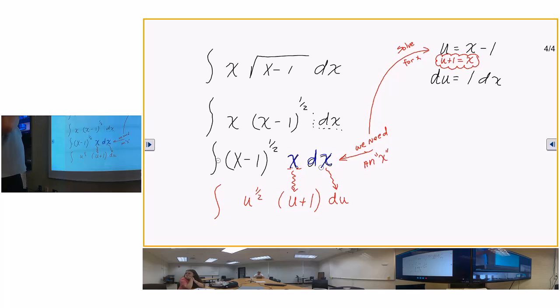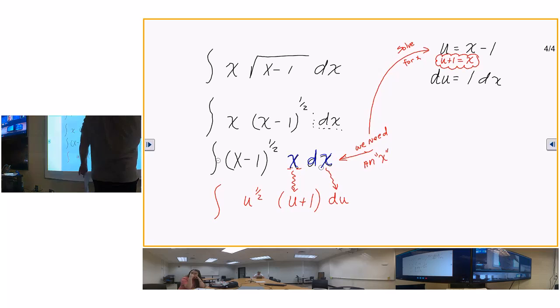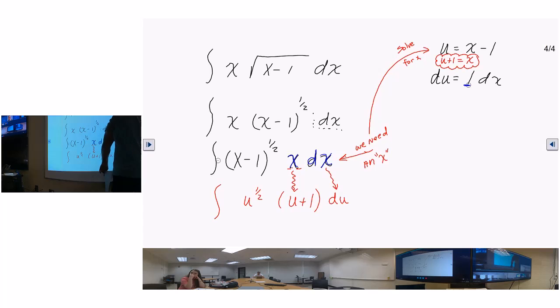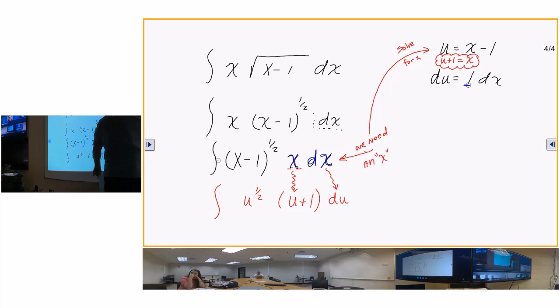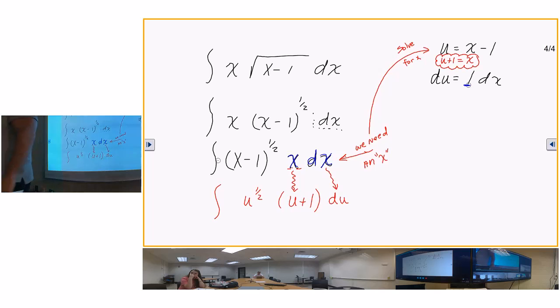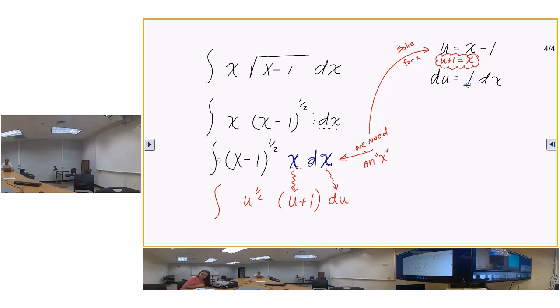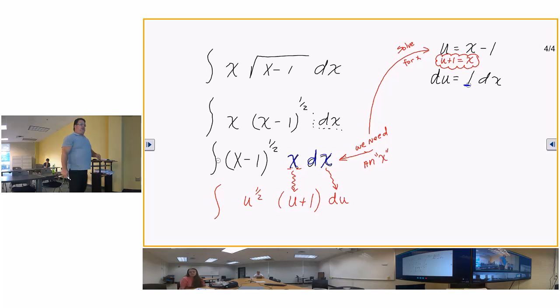So what do you do? Well, that's when, if you have an x here and you have a constant here, you're going to have to use plan B. And that's when you have to solve for x. So when you distribute that u to the 1/2, what do you get?